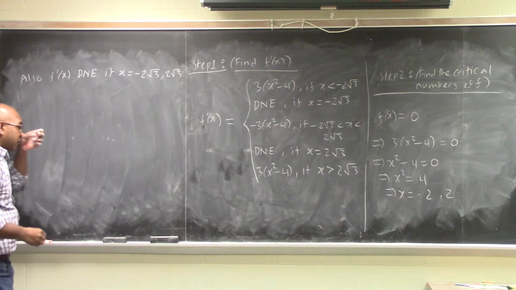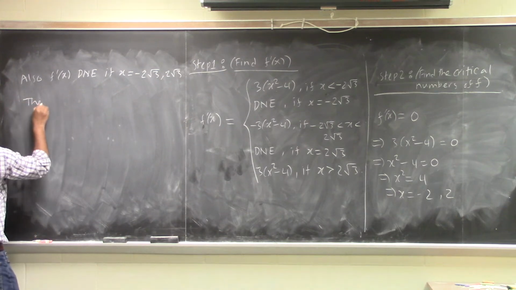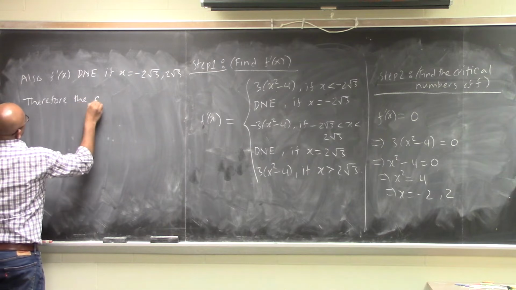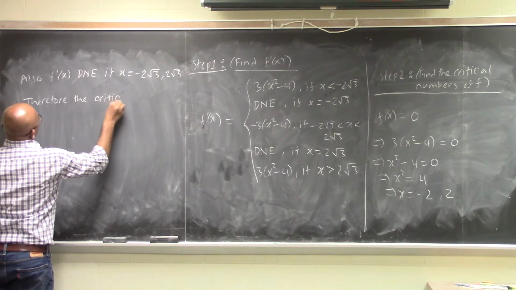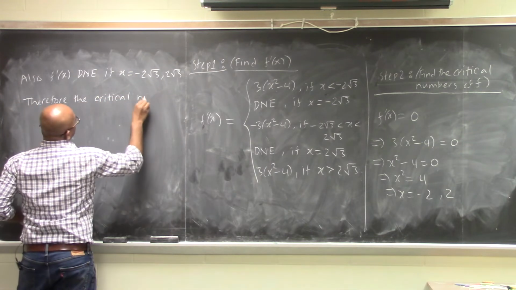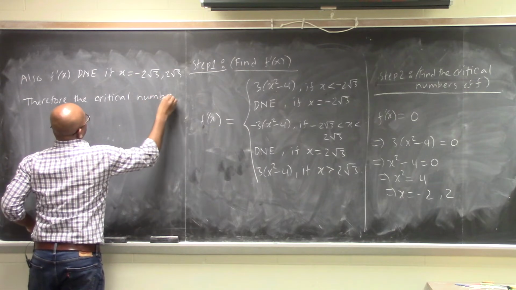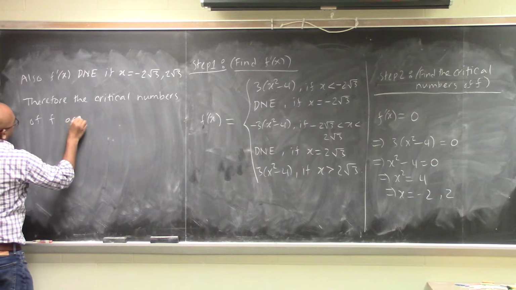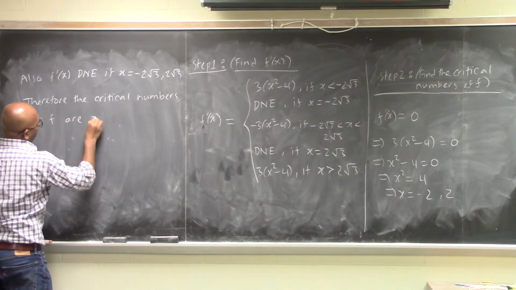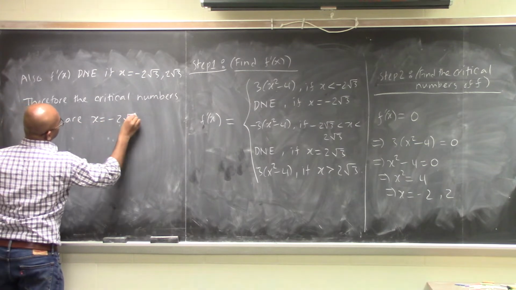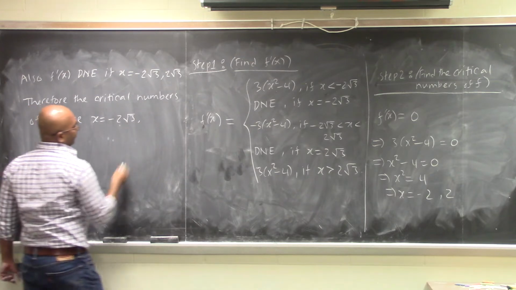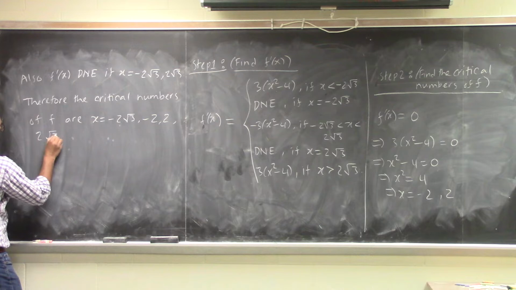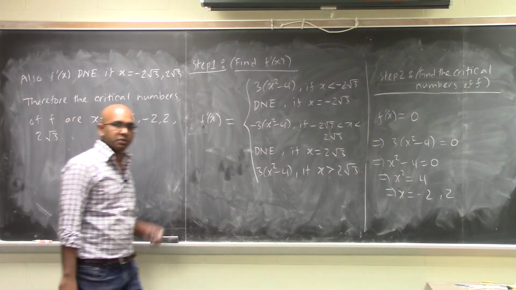Therefore, the critical numbers of f are these: x equals negative 2 root 3, and then negative 2, and then positive 2, and then 2 root 3. Okay? And that's step 2.